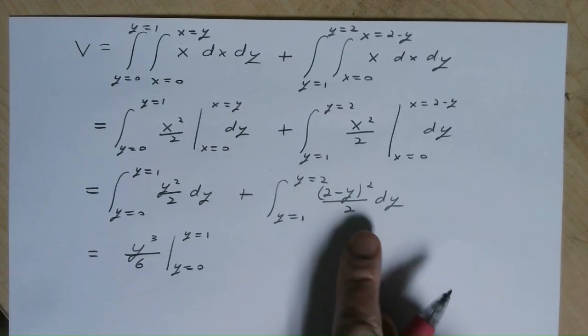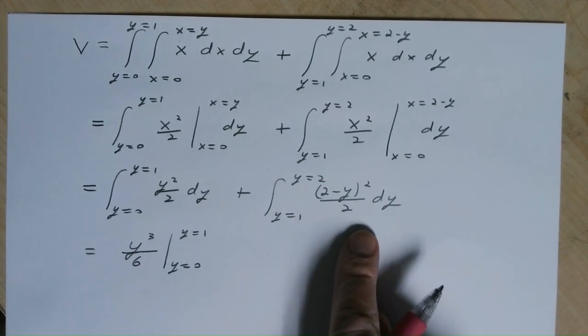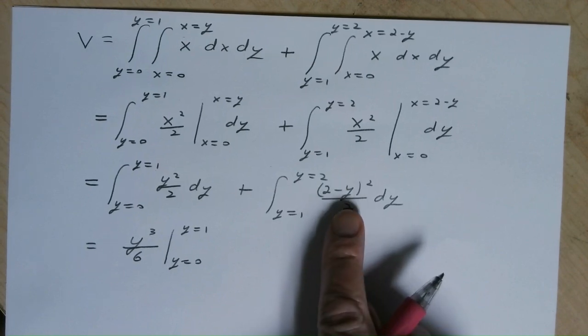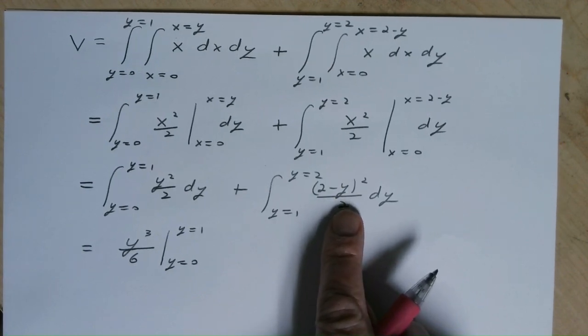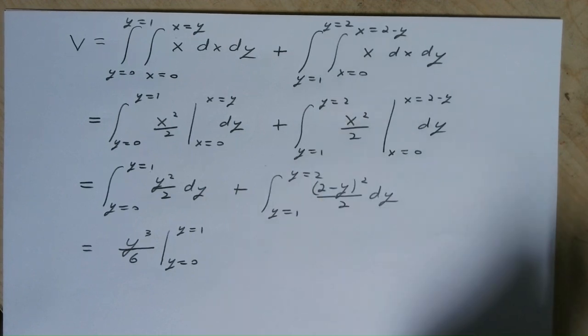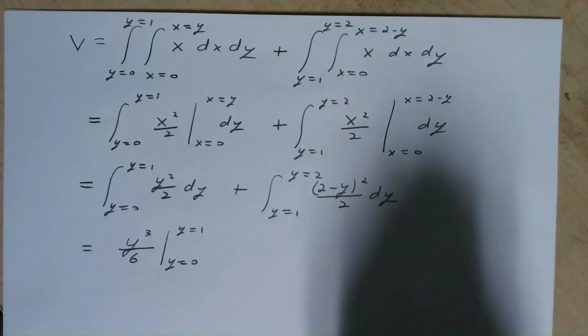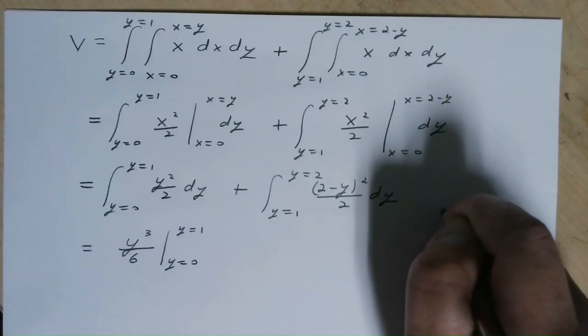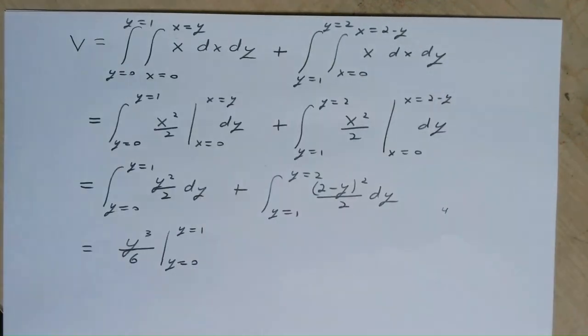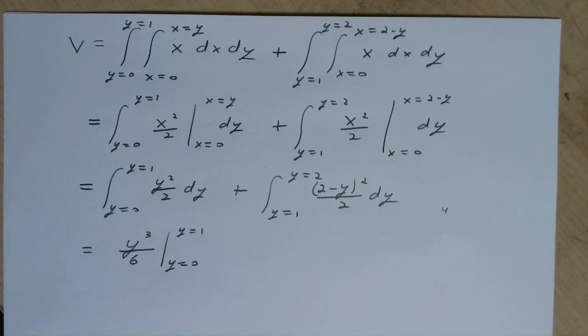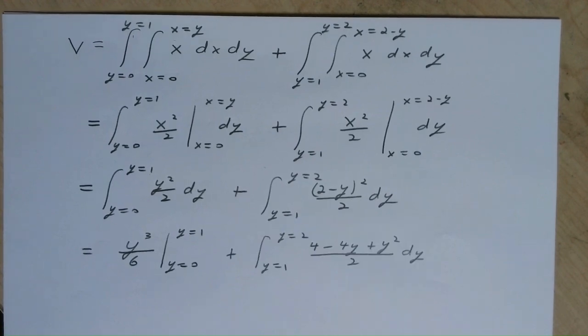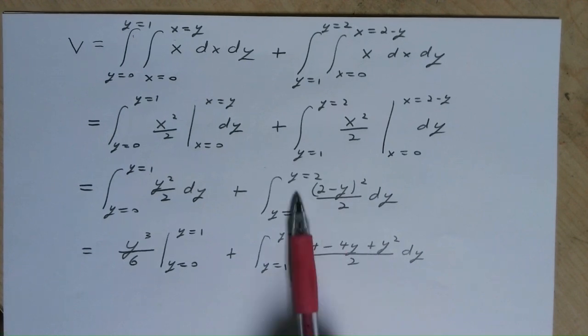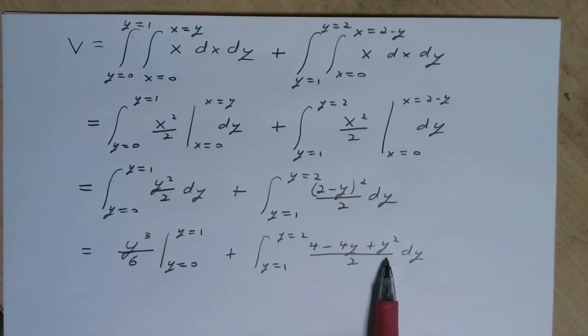Now over here, you could either multiply this out and integrate, or you could use u substitution. You can do it whichever way you're most comfortable with. If you use u substitution, it might actually be slightly quicker to multiply it out. So I just went ahead and multiplied this out up here and got this.